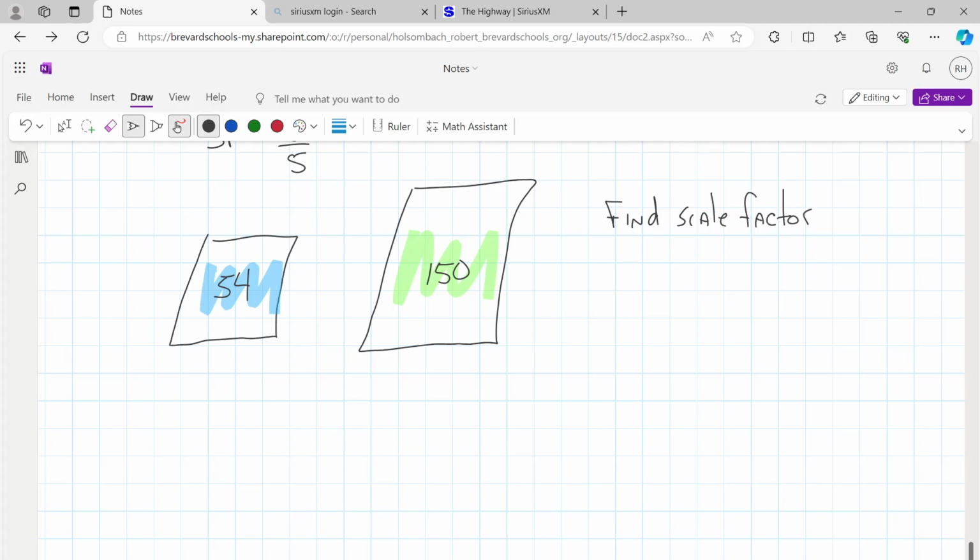Now pay attention to this part of the question. Pay attention to the order.